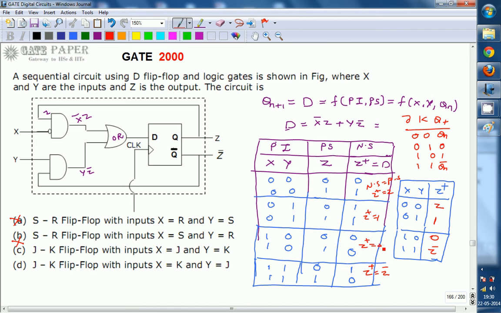Next state will be 0 if J is equal to 0, so you must consider y as J, because whenever y is equal to 0, your next state is 0, and whenever y is equal to 1, your next state is 1. So J is nothing but y and K is nothing but x. So this sequential circuit is exactly similar to JK flip flop with x equal to K and y equal to J. So the right option for this one is D. Thank you.